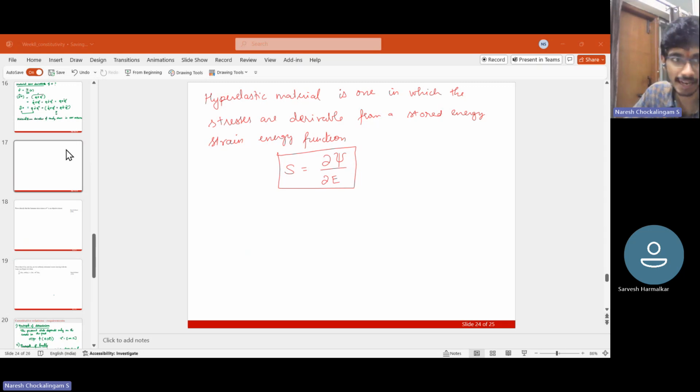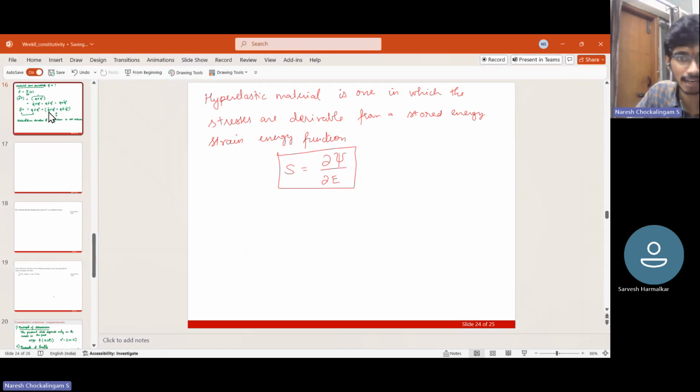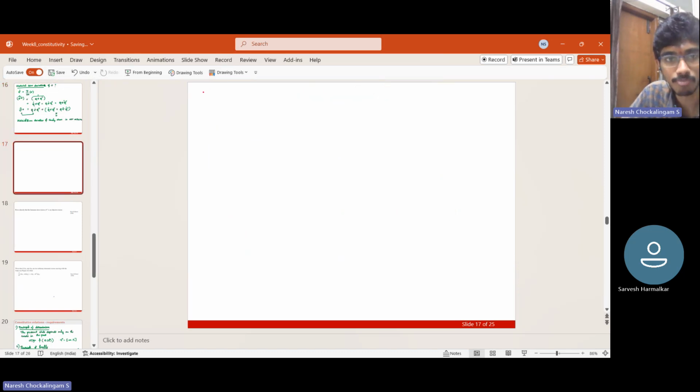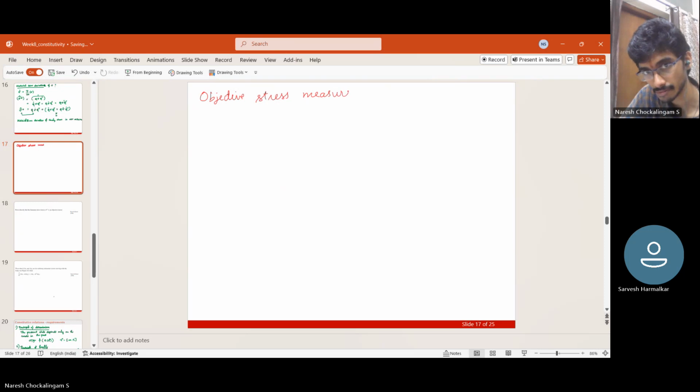So we saw that the material time derivative of the Cauchy stress tensor is not objective. So we need to come up with objective stress rate measures.